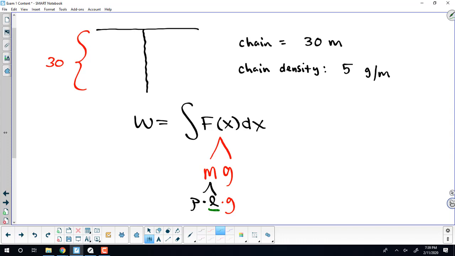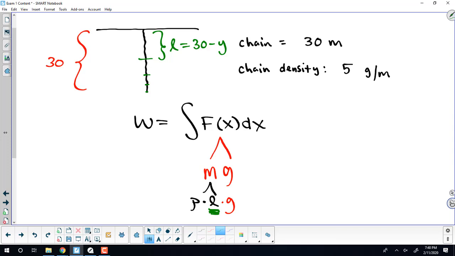So this L isn't 30, because we're thinking about our cross section from that chain being right there, for instance. How far do we have to lift that cross section versus this one versus this one, right? So that's what that L corresponds to. This is L, 30 minus y, I guess we'll call it.